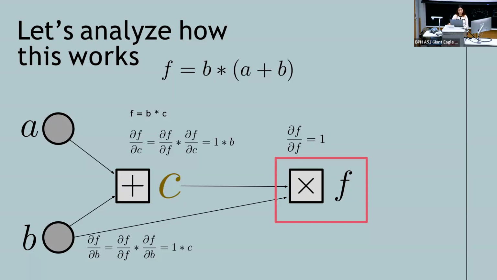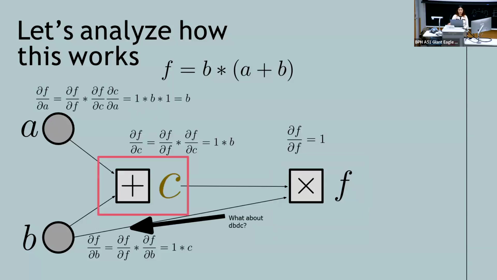So simply here we get the gradient of f with regards to c is b. And the same thing for b here. For this path, if we want to calculate the gradient of f with regards to b, it will be 1 multiplied by c, so this will be c here.